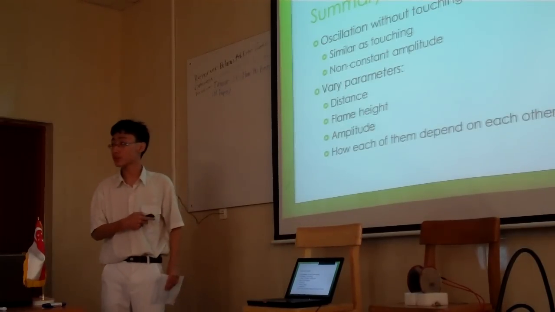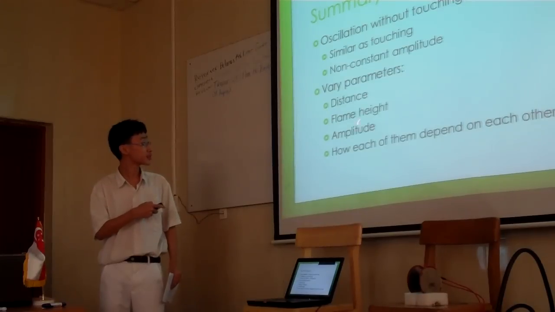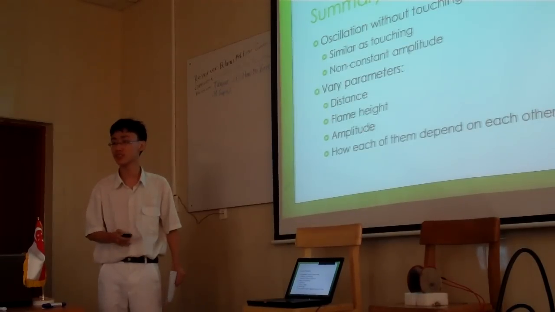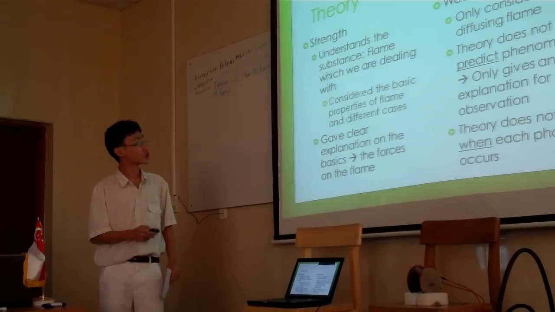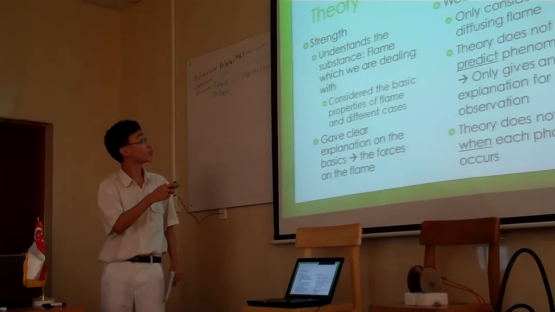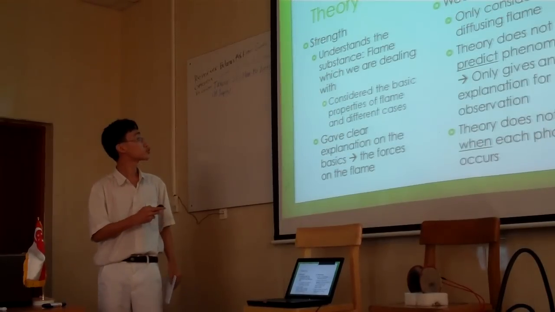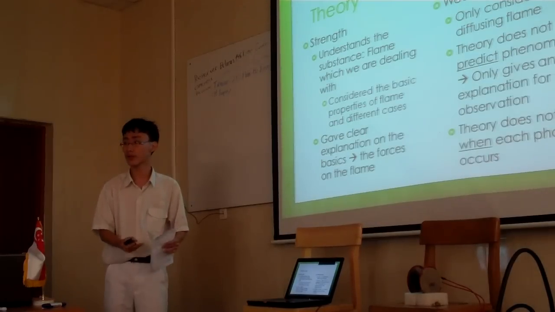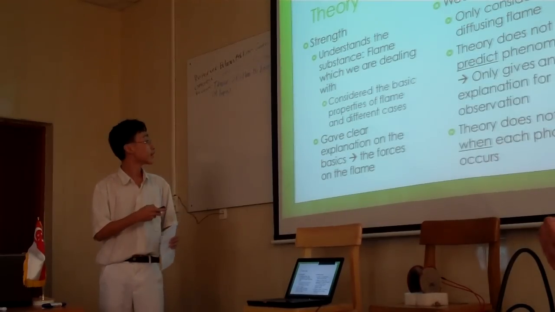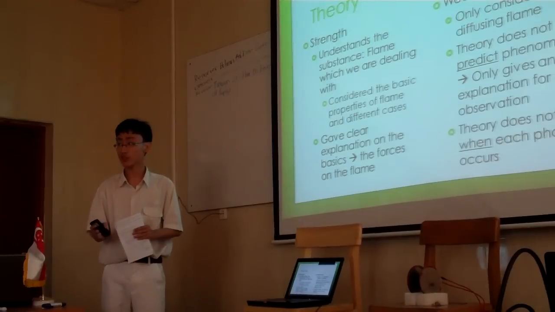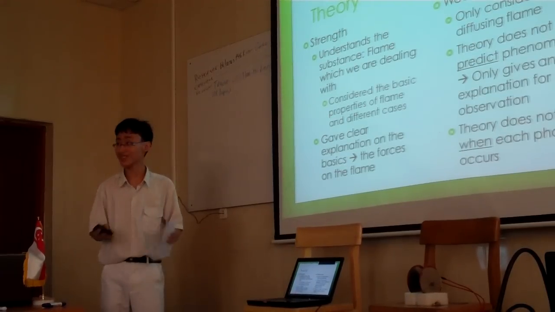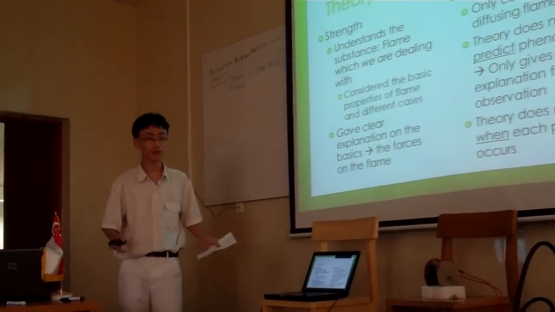The following parameters were varied: the distance, flame height, amplitude, and how the various parameters correlate with each other. So these are the strengths and the weaknesses of the reporter's theory. The strength is that the flame is clearly understood very well by the reporter, and he considered many properties of the flames. He also gave a very clear explanation of the basics of how a lot of things work.